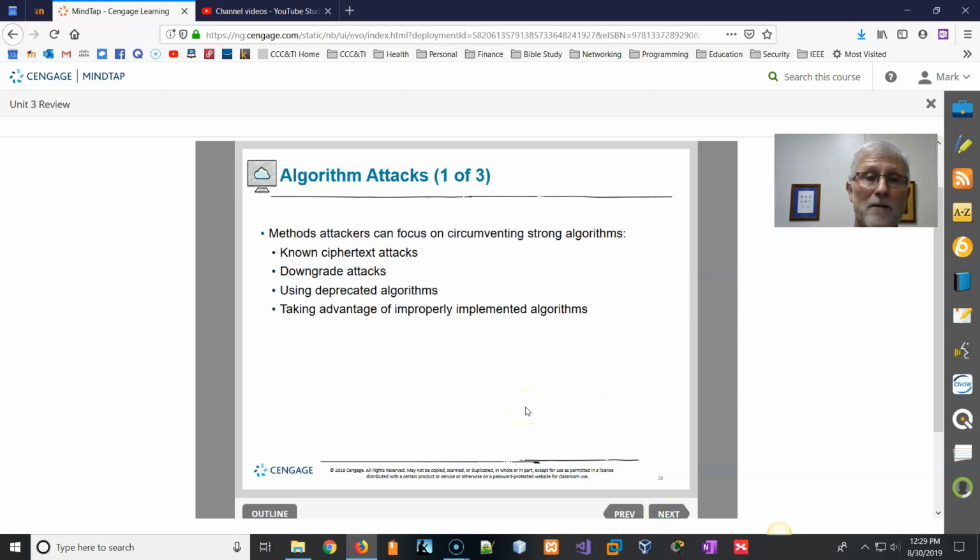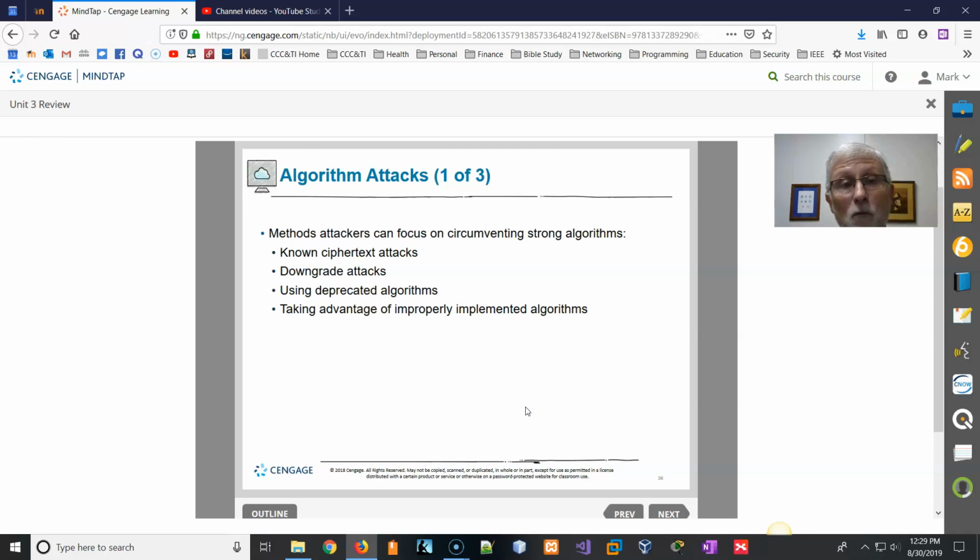Now, the method of attacks can focus on circumventing some of the strong known cipher attacks. Maybe I can downgrade. So when I can convince somebody that, gee, I know you're on version X of a particular protocol, can I convince you to go down? Can I maybe not convince you, but kind of trick you into downgrading to a less secure protocol that has weaknesses.